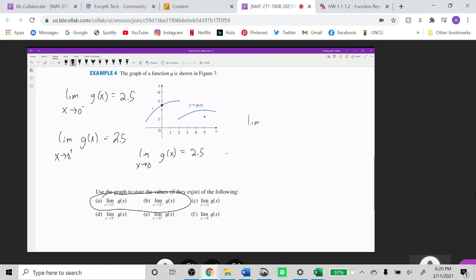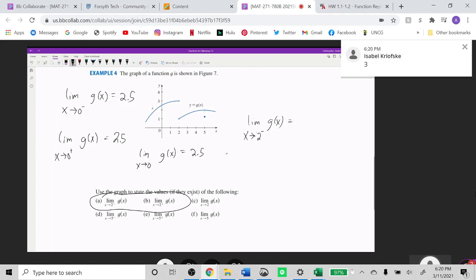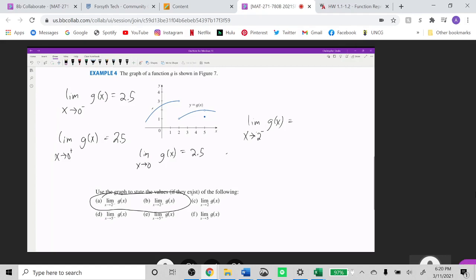What's the limit of g of x as x approaches 2 from the left? It looks like it's 3 to me. What do we say?